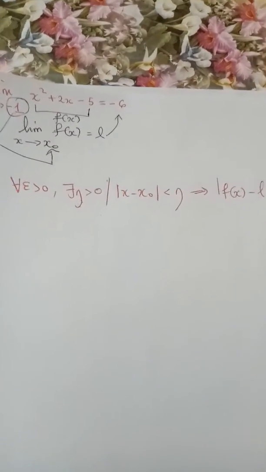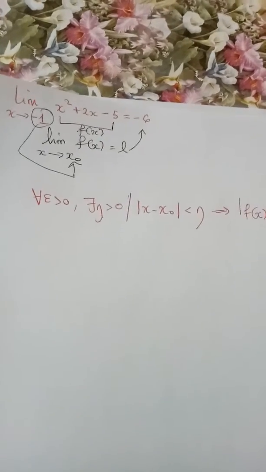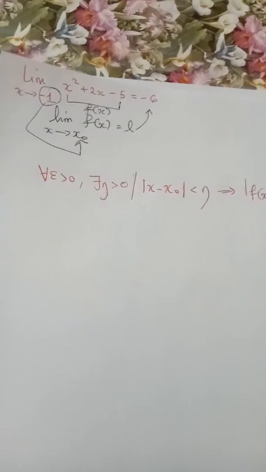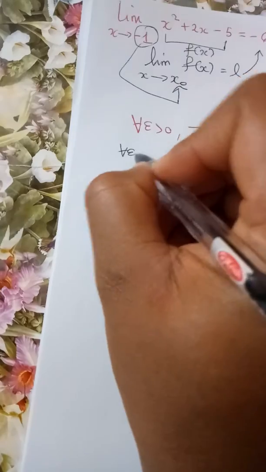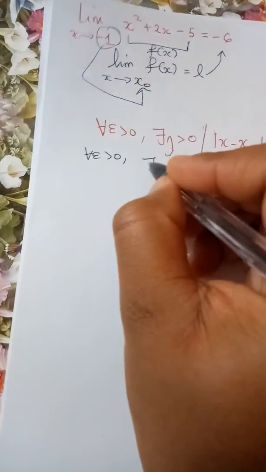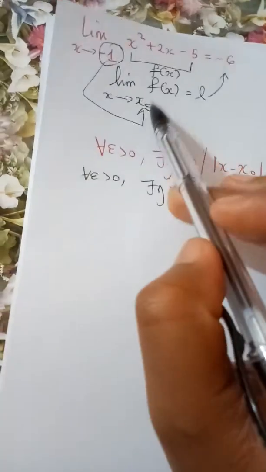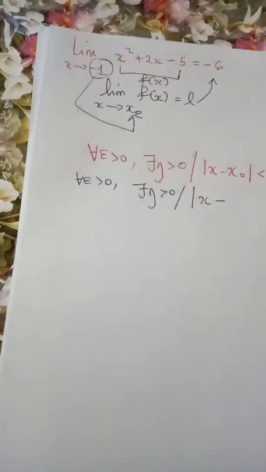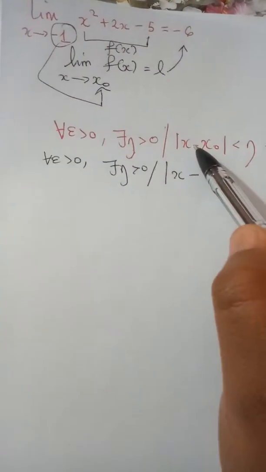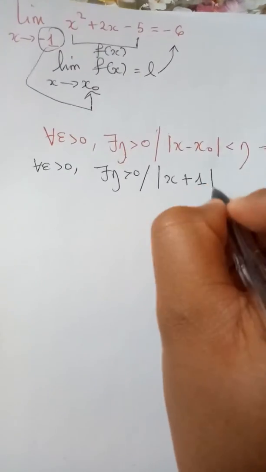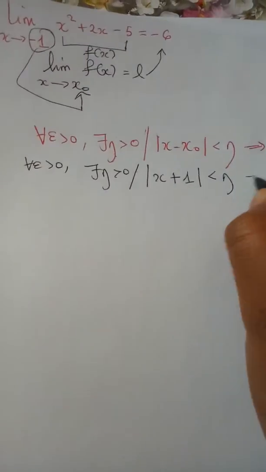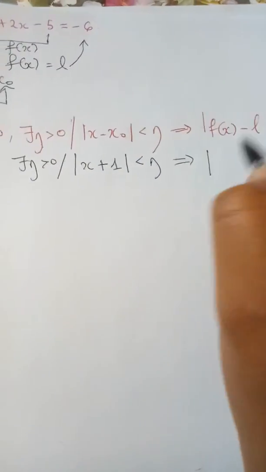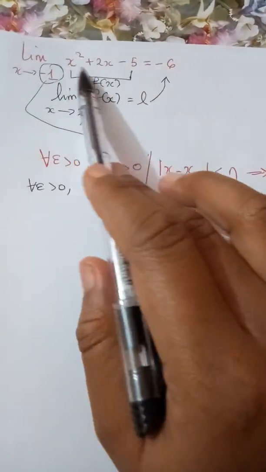So we replace directly what we have in our definition. Finally we have: for every epsilon greater than 0, there exists a theta greater than 0 such that |x minus x0|, where x0 is -1, so x minus -1 gives x plus 1, less than theta implies |f of x minus L|.